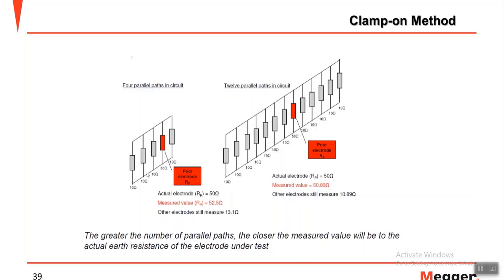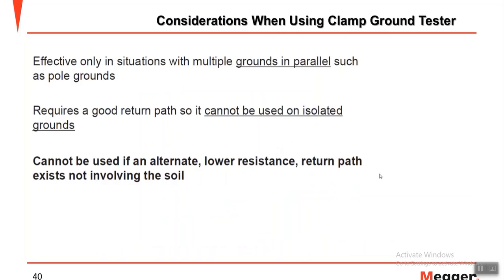But if you measure on other parts, it will be the same, 13.1. So at least you know which part has a problem, has a poor electrode, with this method. As long as you don't really need an accurate measurement, I think this method is very useful for you.